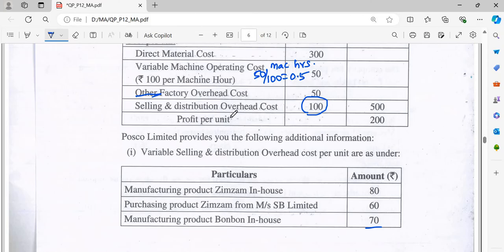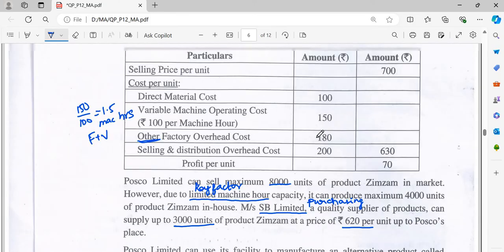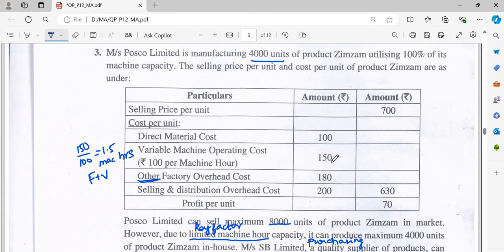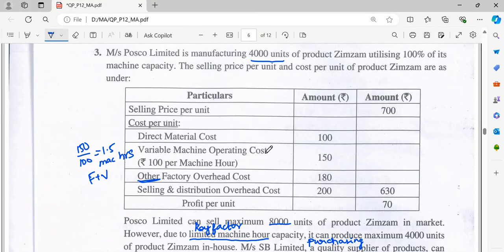For that only we calculated the variable factory overheads first. So this 100 I'm going to incur. So variable overheads, variable machine operating cost.